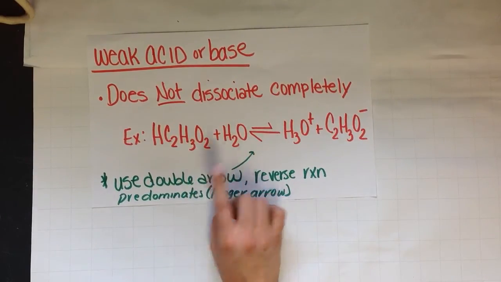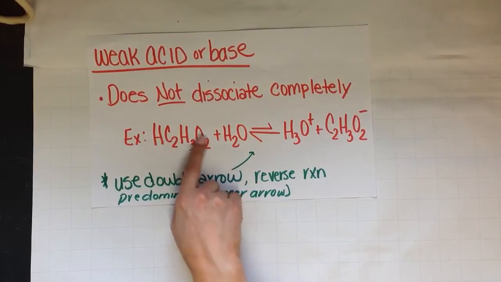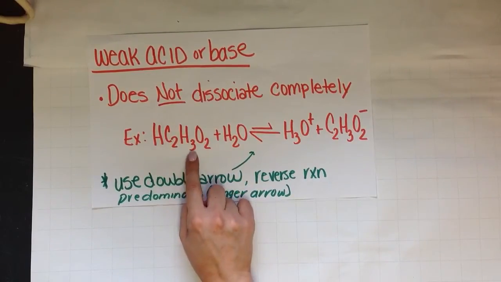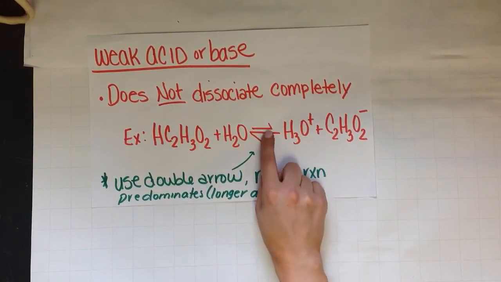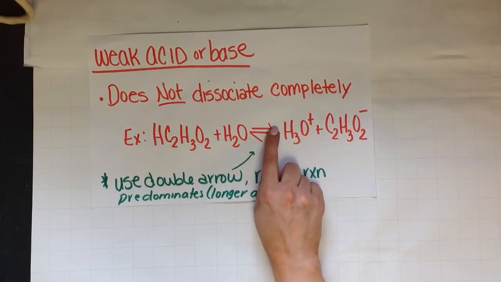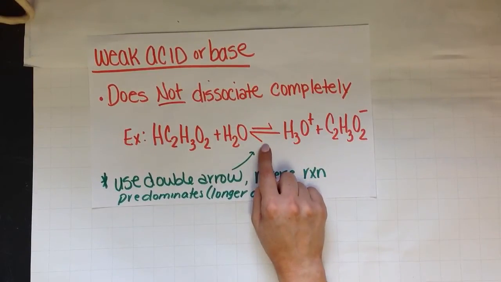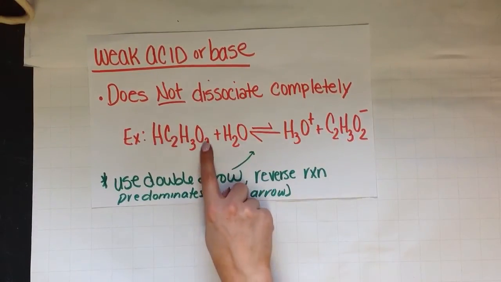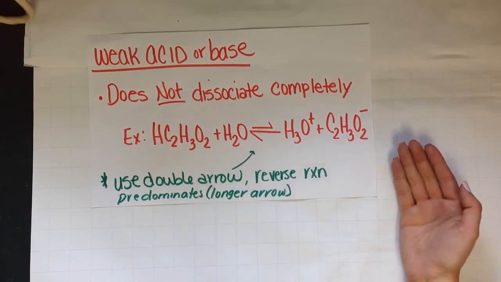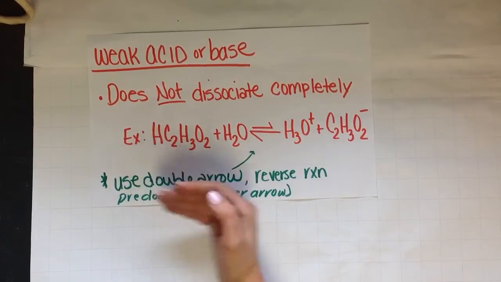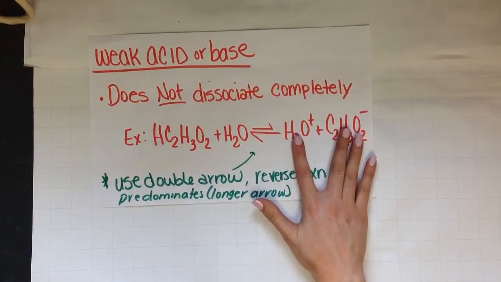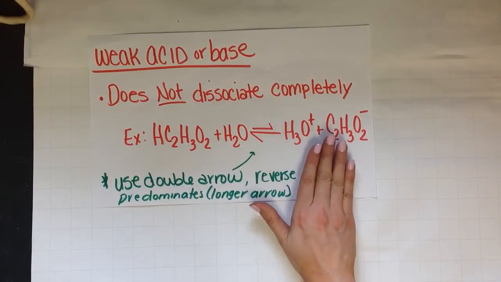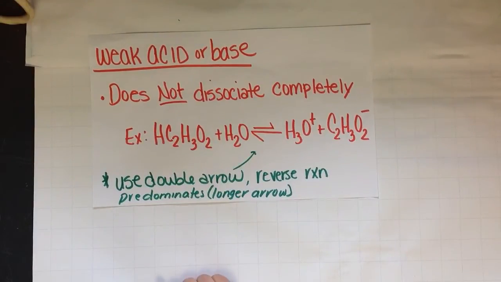And if you notice here, here's how I know that this is not a strong acid. Because my arrows give it away. I have both a forward and a reverse arrow. Okay? This double arrow indicates that the reaction can not only proceed forward, but it also can revert back. Okay, so my products can go back and turn into my reactants.